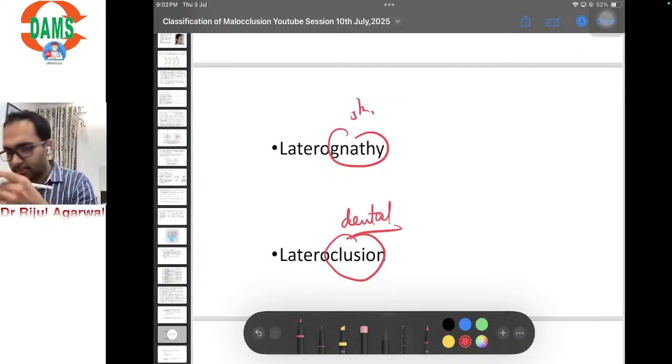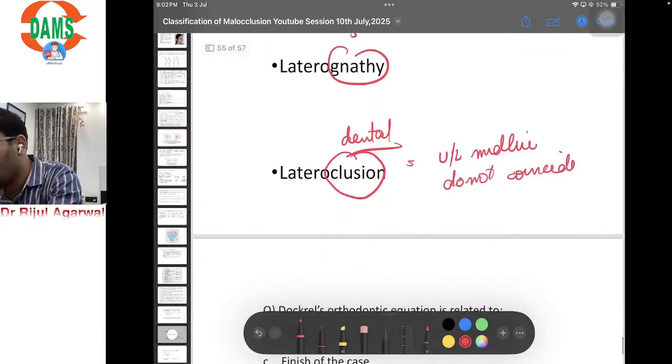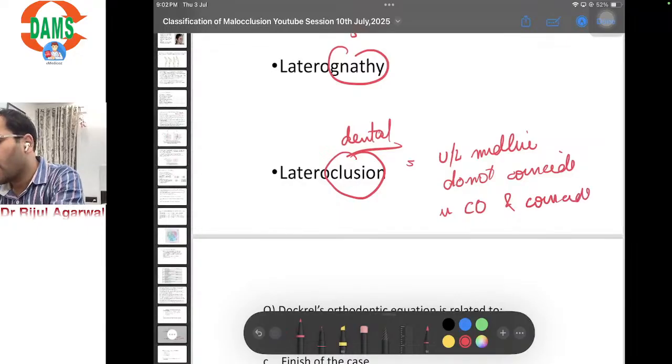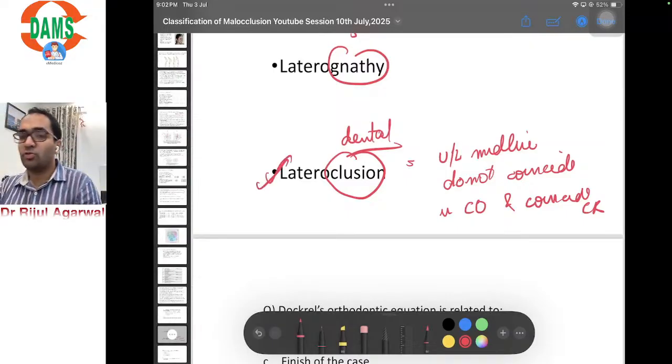Lateroocclusion means, in the frontal plane, when looked at from the front, the upper and lower midlines do not coincide in centric occlusion, but they coincide in centric relation. That is, when the patient opens, the upper and lower midlines coincide, but when the patient closes, they do not coincide. So it is known as lateroocclusion.